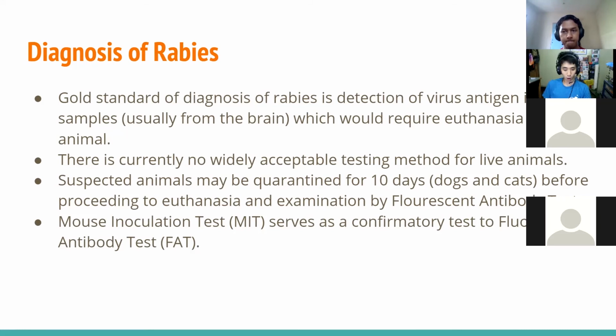Further on, there's also the mouse inoculation test, which serves as a confirmatory test to the fluorescent antibody test. It is a further confirmation of whether the fluorescent antibody test result is a false positive or false negative. Next slide, please.